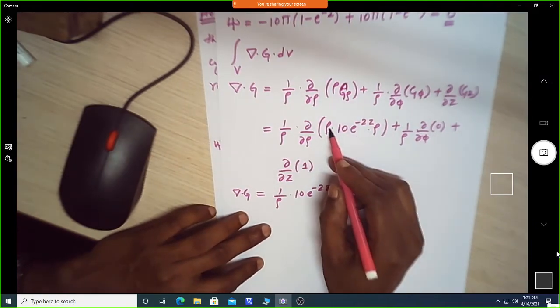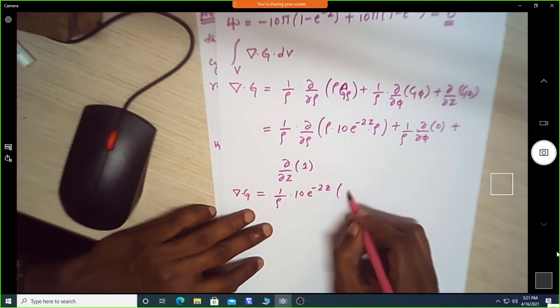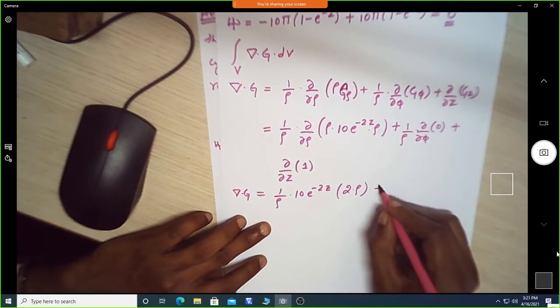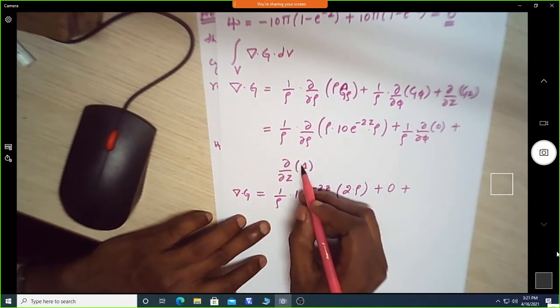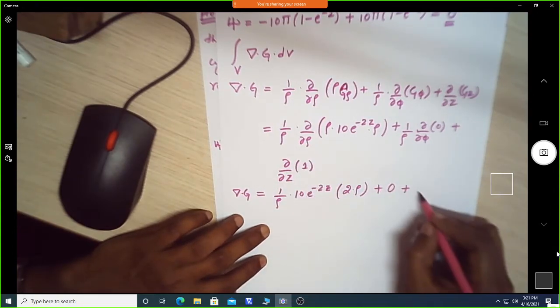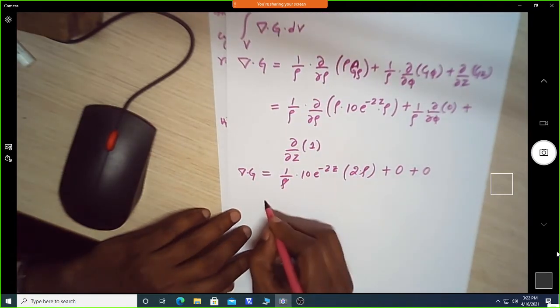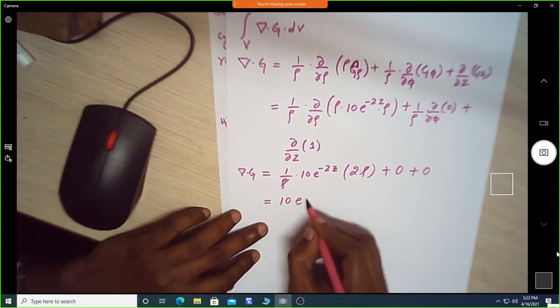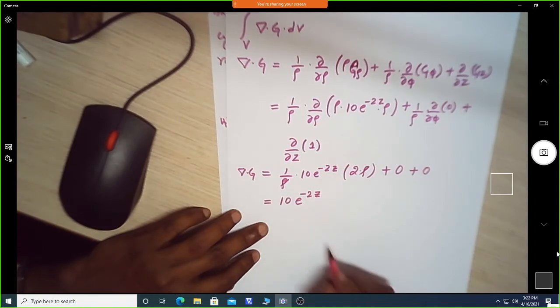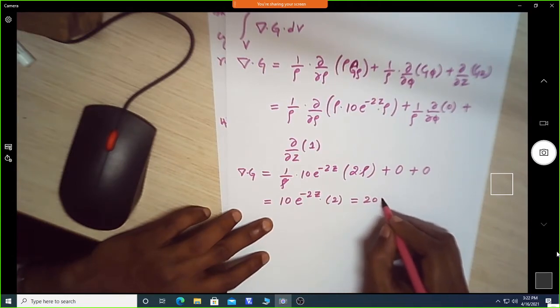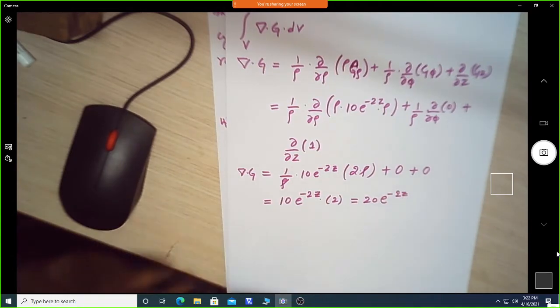Rho into rho square, if you differentiate that with respect to rho, it will become 2 rho, plus 0, plus del by del z of constant 1, which is also 0. So this rho will cancel, and we get 10 into e power minus 2z into 2, which is nothing but 20 e power minus 2z. So this is the del dot G.